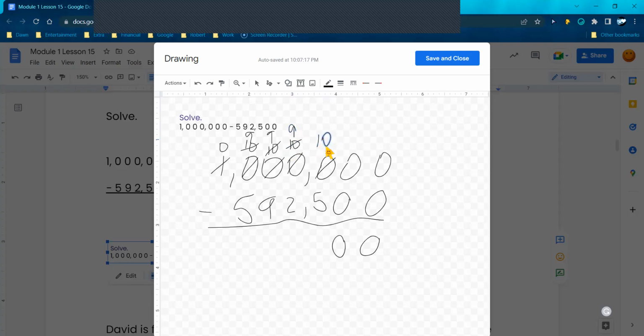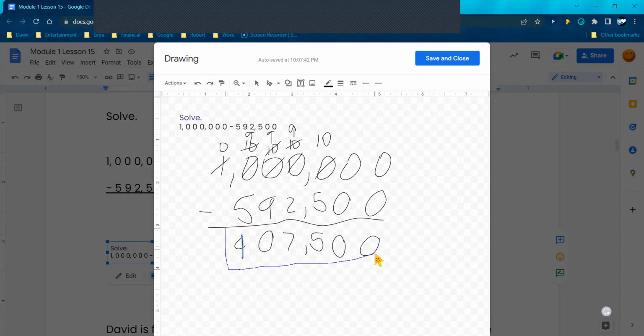Now I can do some subtracting. 10 minus 5 is 5. 9 minus 2 is 7. 9 minus 9 is 0. Oops. Let me try that 0 again, you guys. I know it's not perfect. And then 9 minus 5 is 4. So 1 million minus 592,500 equals 407,500.